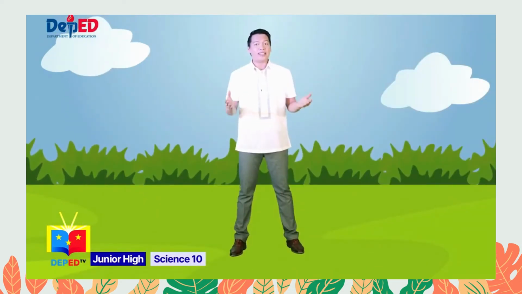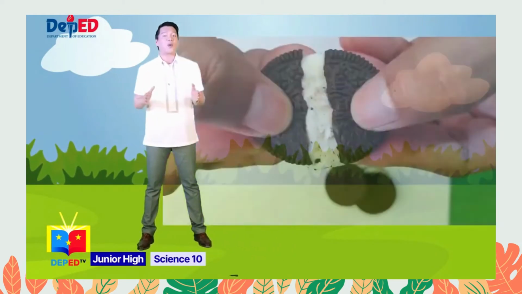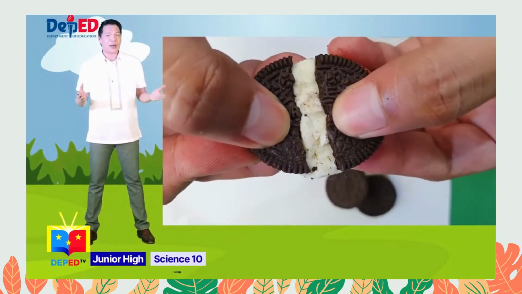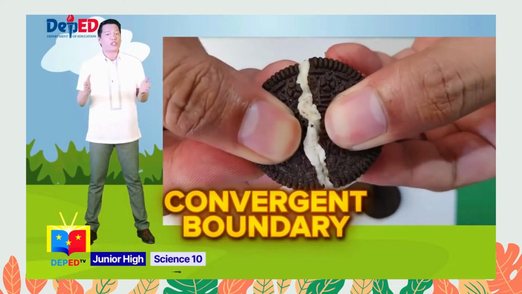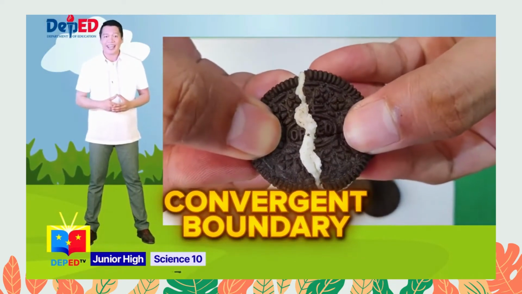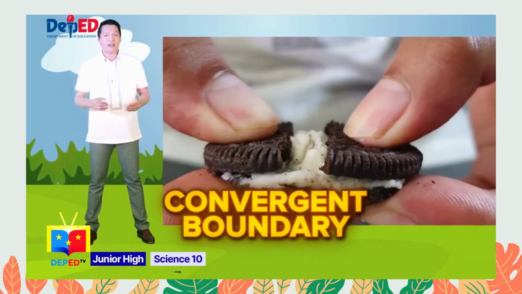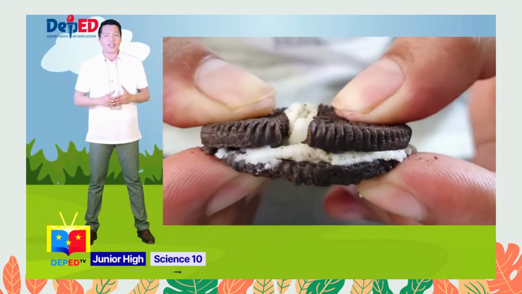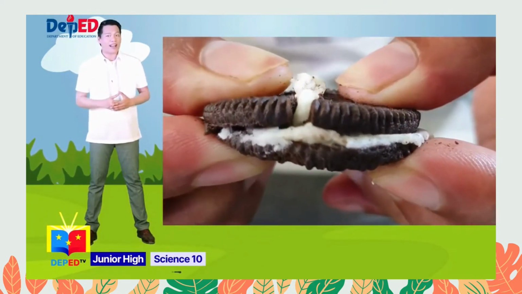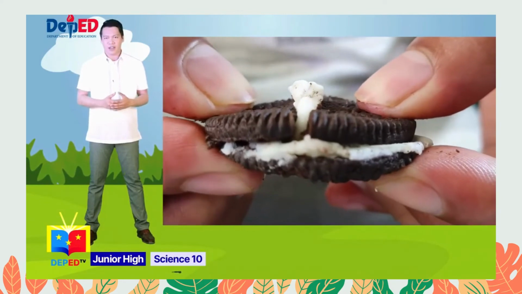Second, when we slowly push down the two pieces toward each other, it demonstrates a convergent boundary, which happens when two plates are colliding. A convergent plate boundary can form towering mountain ranges or can result in one tectonic plate diving underneath another.